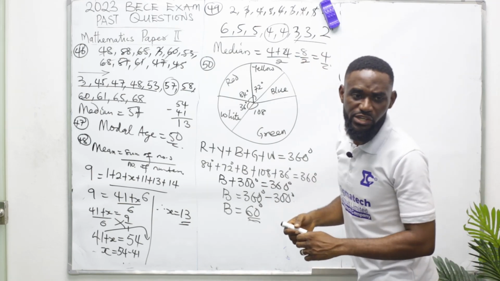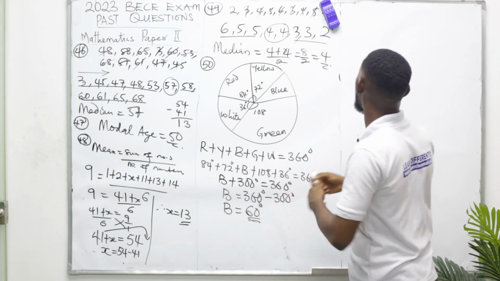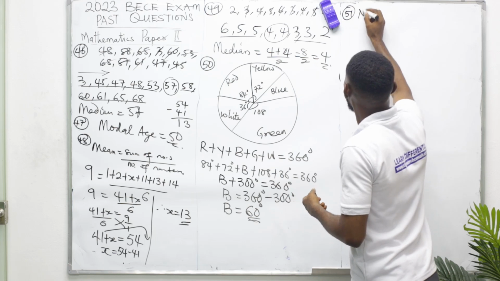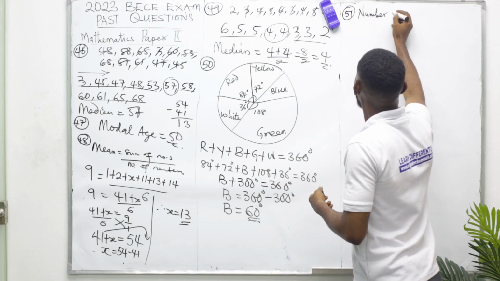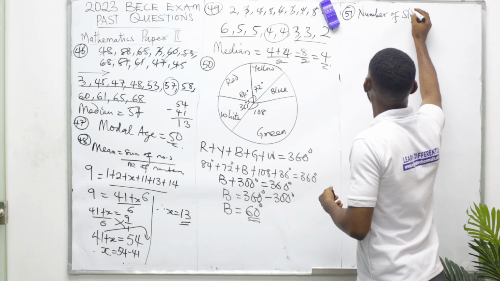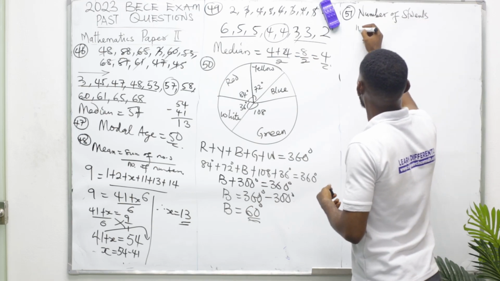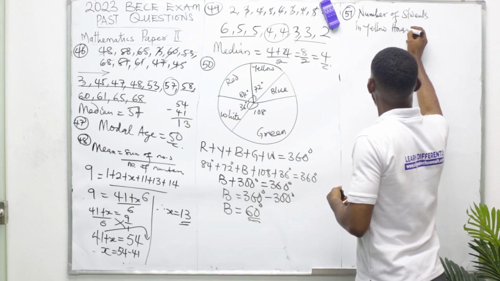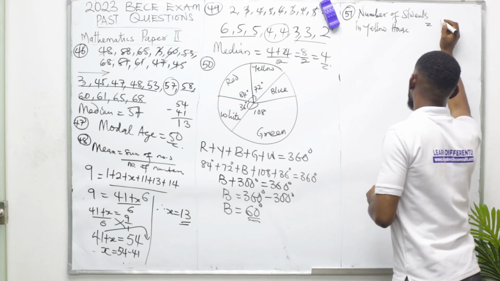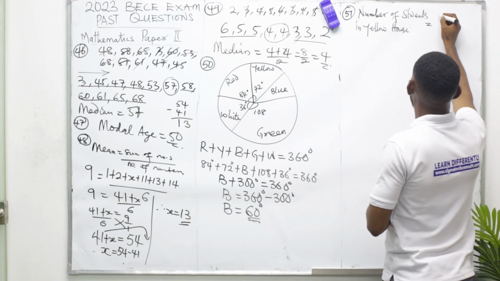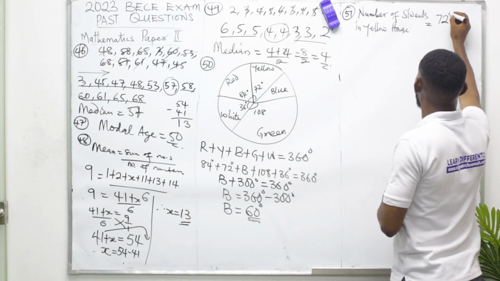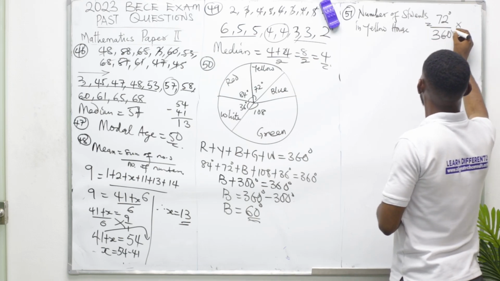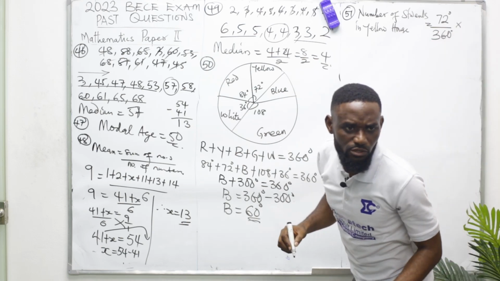Okay? So the number of students in yellow house, this is question 51. The number of students in yellow house is equal to 72 degrees over 360 degrees times how many students in all? 600 students.